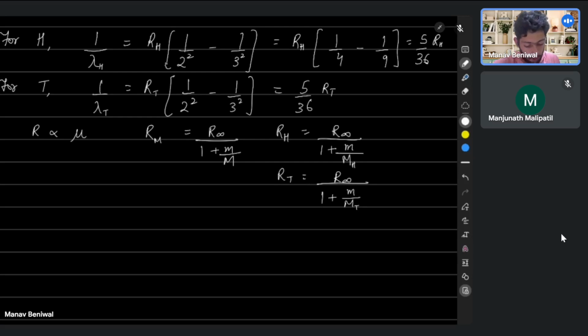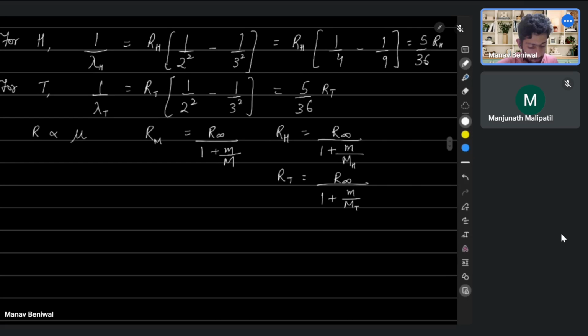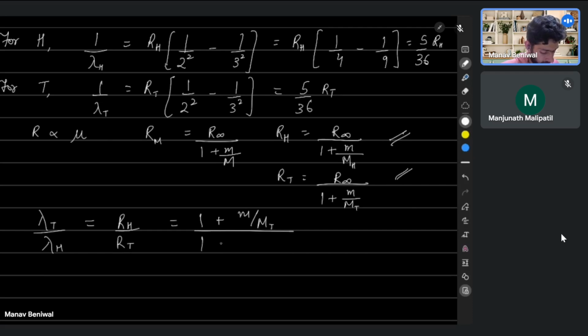So now we have these two equations, 1 and 2. Let us divide 1 over 2. What we will get is lambda t over lambda h, and 5 over 36 will cancel out. This will be nothing but RH over RT. Then we can plug in the values of RH and RT from here. So R infinity will cancel out and we will get 1 plus m over mass of tritium divided by 1 plus m over mass of hydrogen.